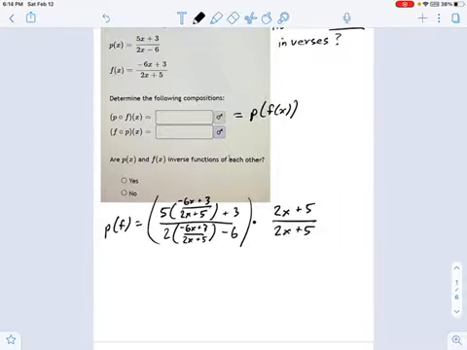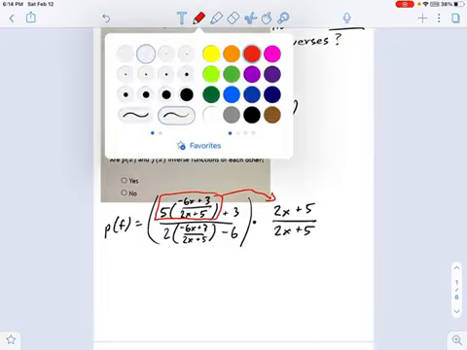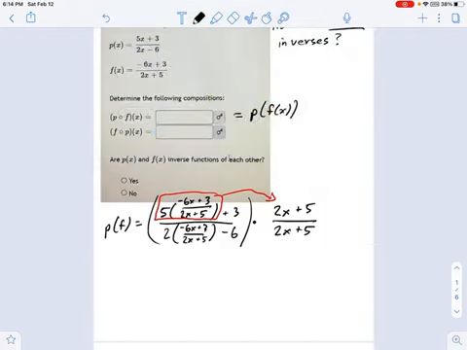So let's go through this one step at a time. Top left, and I'm going to circle this just so you know what I'm talking about here. I'm going to do this one times that. And here's what I get when I do that multiplication. The 2x plus 5 cancels out, so all I have is 5 times negative 6x plus 3. Now the top right, that's actually quite nice.